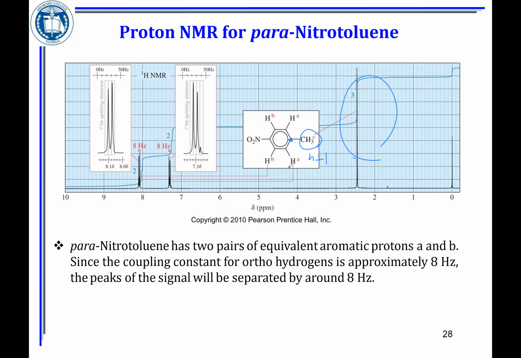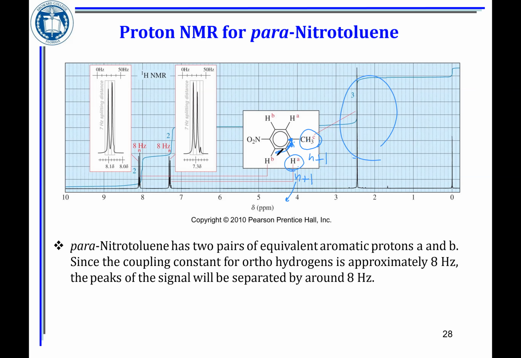And hydrogen A, what would be the splitting pattern for hydrogen A? What is the value for N plus 1, or what is the value for N? For hydrogen A, on this carbon on top here, on the right side where you have the CH3, there is no hydrogen.